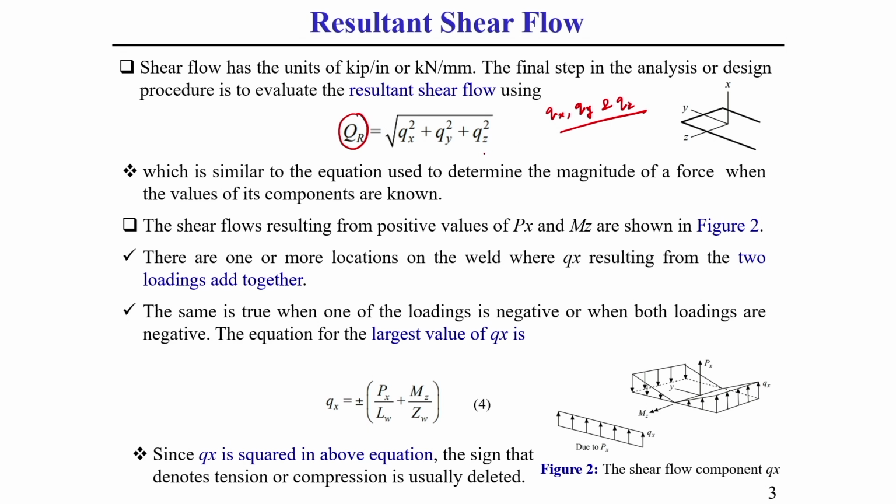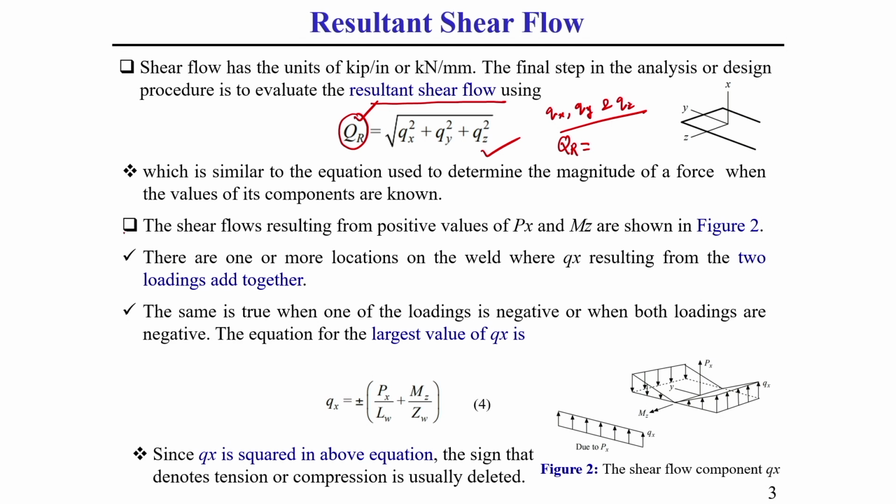That is why I have already discussed that q r is equal to the square root of q x square plus q y square plus q z square, where q r is the resultant shear flow. I have already discussed this in detail in the last lecture. Today I will discuss how this resultant shear flow is calculated for different types of loading conditions.